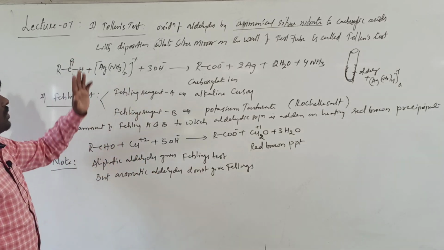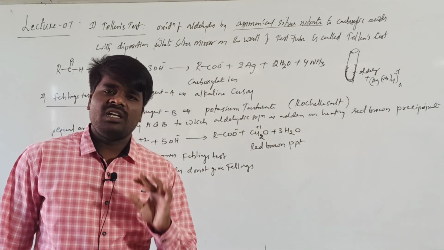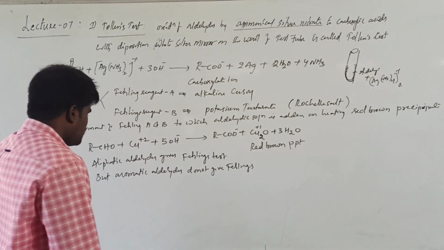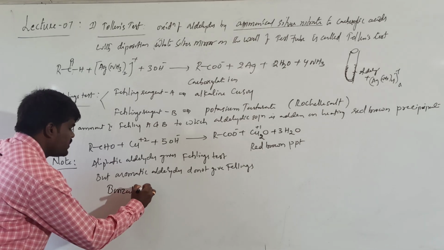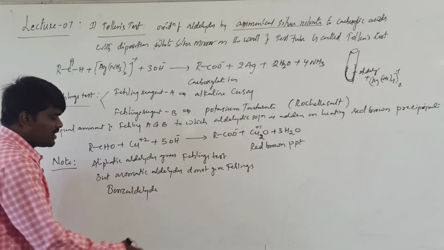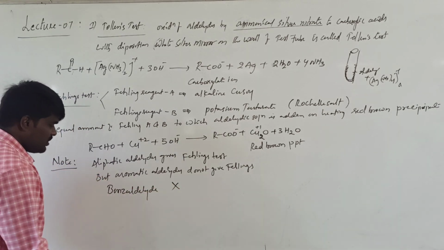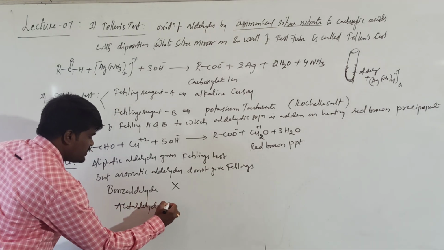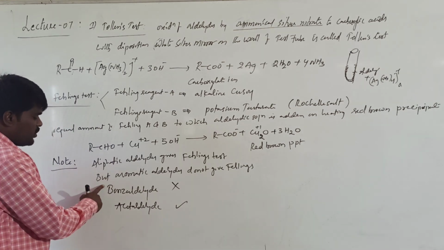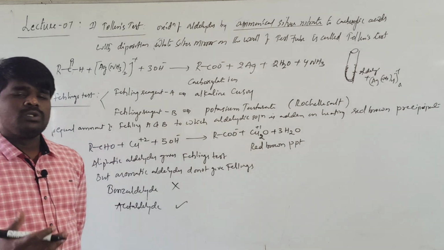But Tollens can be given by both aliphatic and aromatic. What is meant by this? Suppose you are treating benzaldehyde, an aromatic aldehyde. This does not give Fehling's. But acetaldehyde is an aliphatic. This will give the Fehling's. But both benzaldehyde and acetaldehyde will give the Tollens.